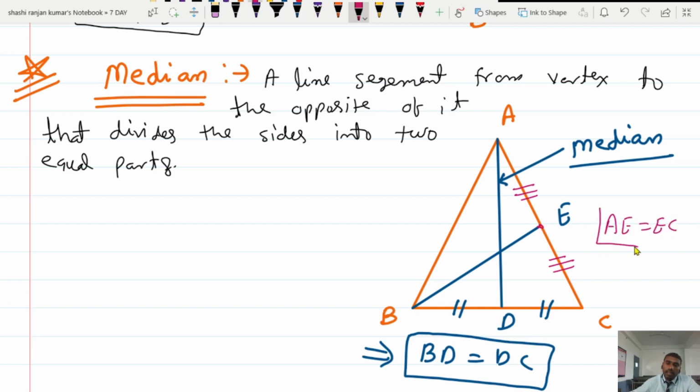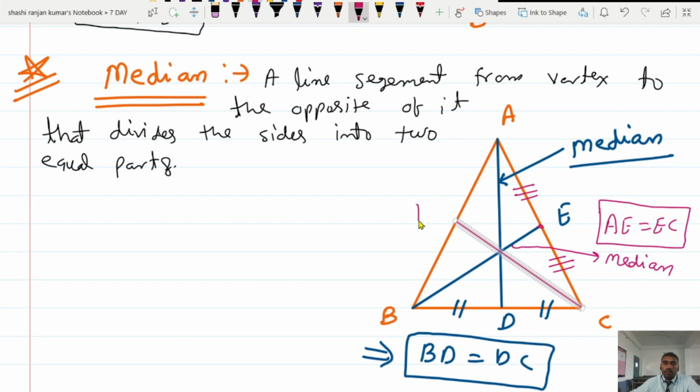So we can say BE is a median because it divides the side into two equal parts.